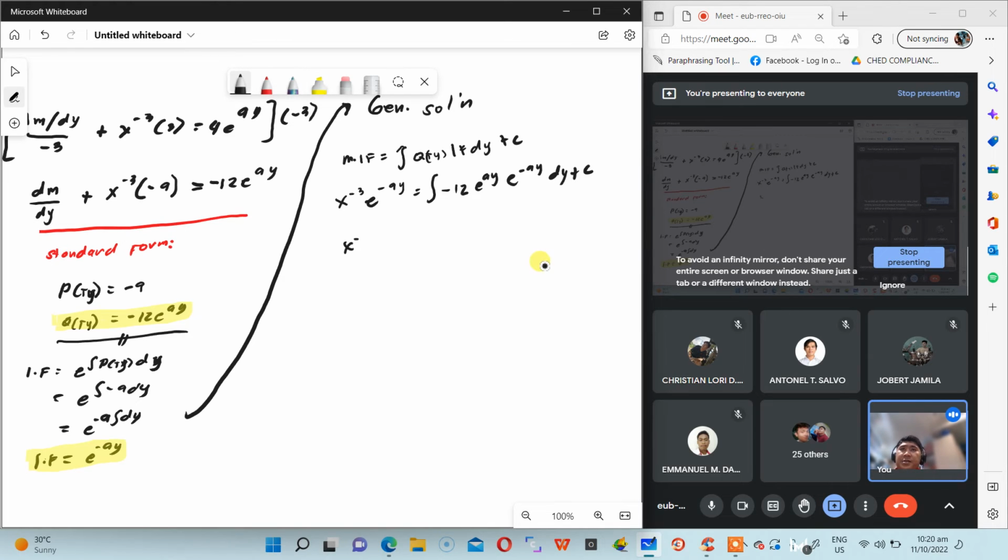So x to the negative 3 e to the negative 9y equals negative, the constant is removed. What remains? e raised to the power of 9y times e raised to the power of negative 9y.